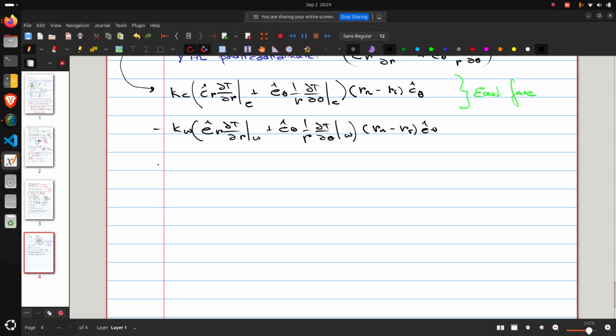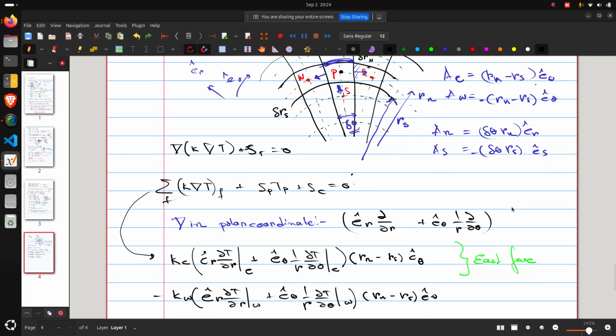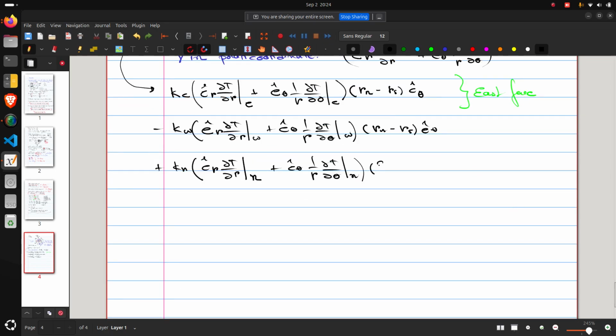Now for the north face, similarly we can have E cap, north face, and what was our area vector? Del theta Rn E cap R, right?